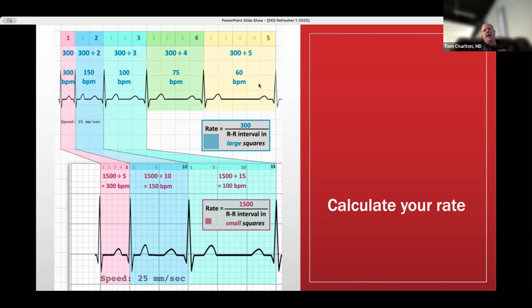Okay. And then after that, if you get out to your 6th, etc., all we really care about is it's bradycardic. Okay. But this allows you now to roughly estimate what your rate is when looking at an EKG.